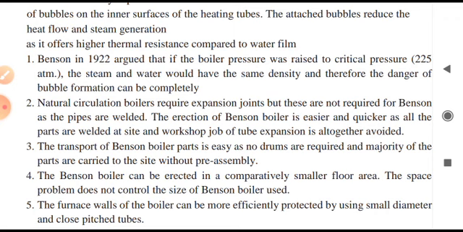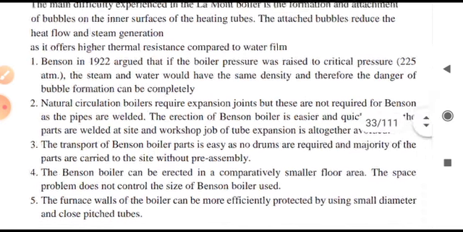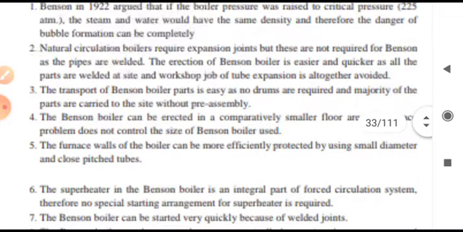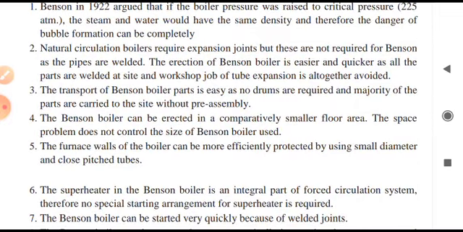Then, natural circulation boilers require expansion joints, but these are not required for the Benson boiler, as the pipes are welded. The erection of the Benson boiler is easier and quicker, as all the parts are welded at site, and the workshop job of tube expansion is altogether avoided.